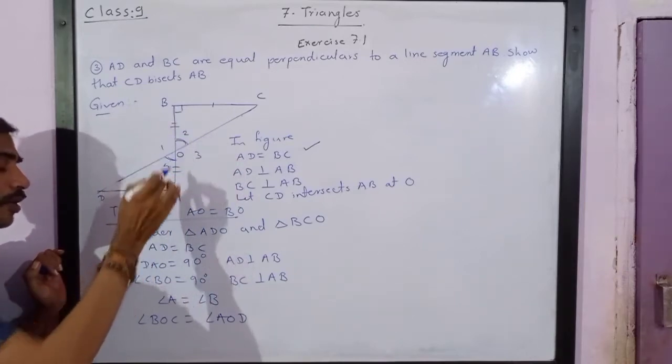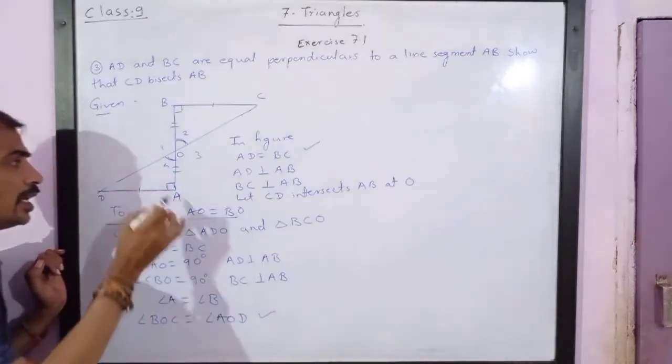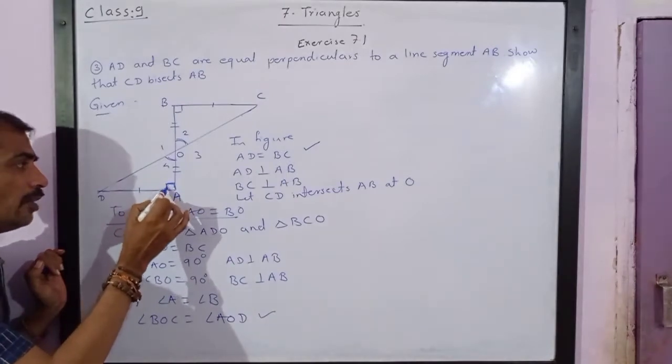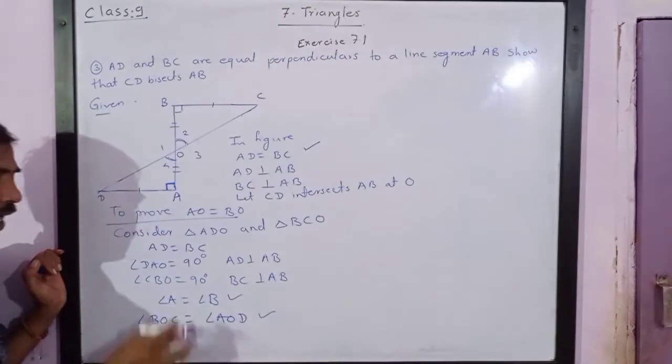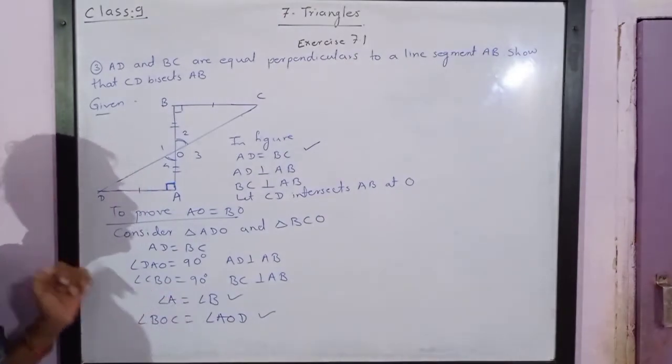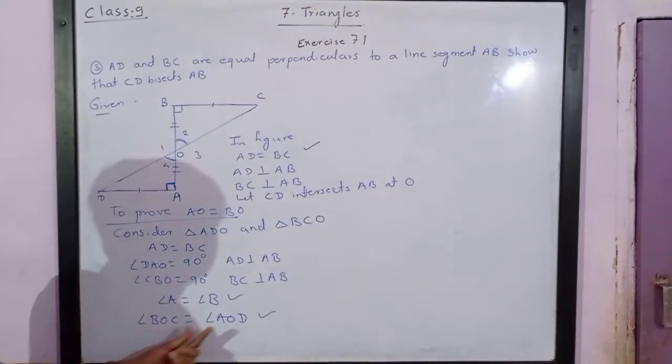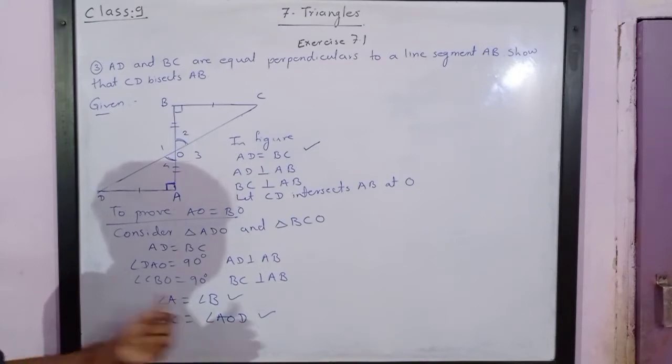So one must use a 3-letter name. At vertex A, you will notice that there exists only one angle, so a 1-letter name can be used for angle A and angle B. But for angle BOC and angle AOD, we need to use a 3-letter name.